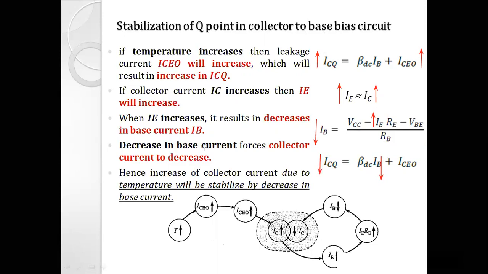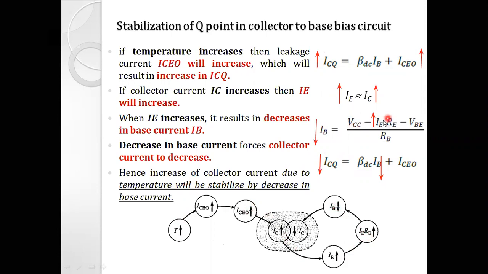So here the cycle is shown when the temperature increases. When the temperature increases, the leakage current increases, and because of that, IC increases. If IC increases, IE also increases, and if IE increases, then the IERE drop across the emitter resistor increases, and because of that, IB reduces.